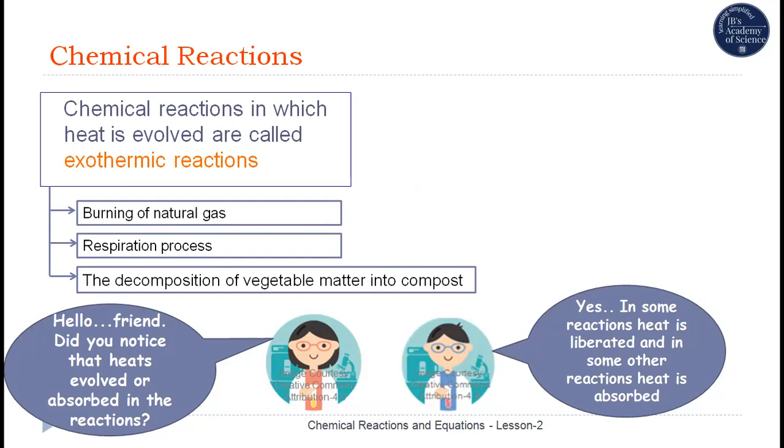Lot of heat is liberated out. These type of reactions in which heat is evolved are called exothermic reactions. Examples for exothermic reactions, burning of natural gas, respiration process is an exothermic reaction. The decomposition of vegetable matter into compost.